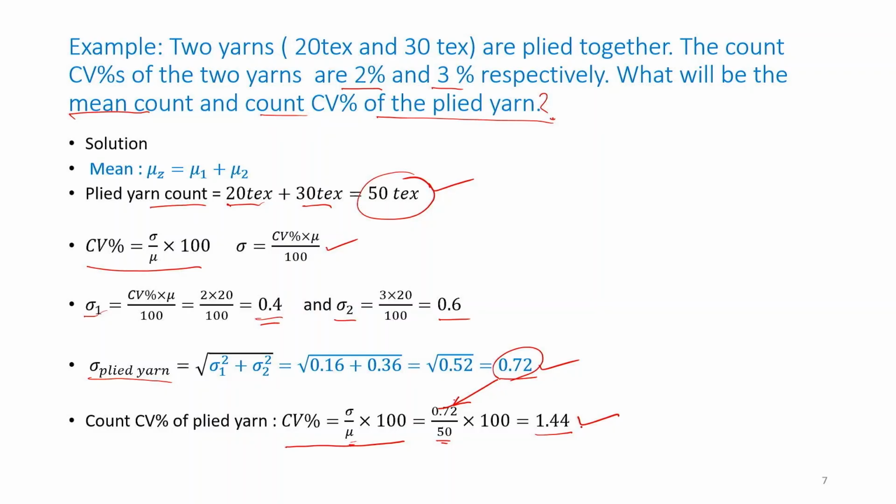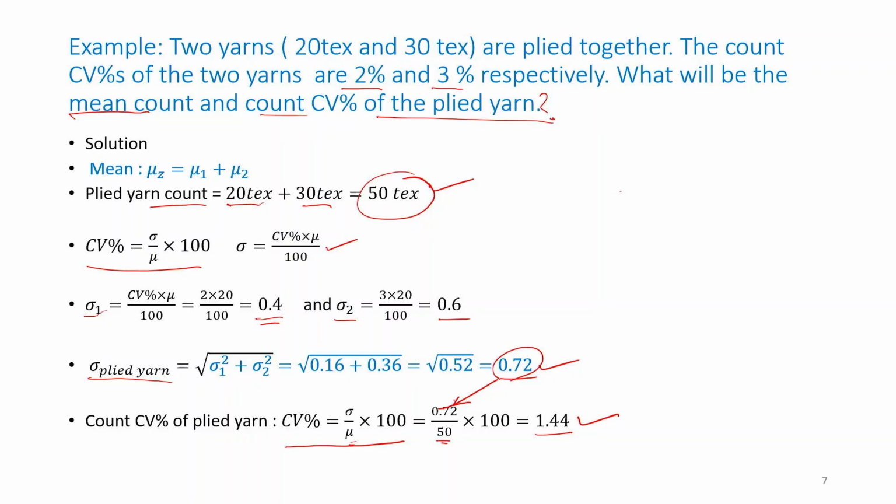In the way we have solved it, we are actually using the theory that you have learned in the previous slides. The same statistical theory is applied here to find out the count CV of plied yarn. Now we can extend this. We can have two yarns of one count and three yarns of the other count.